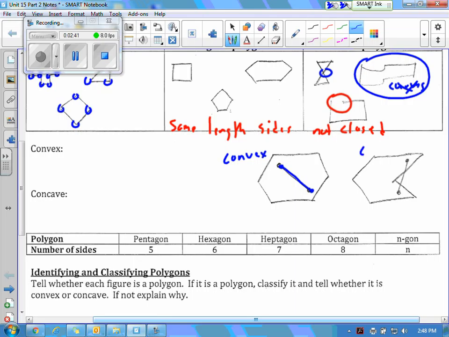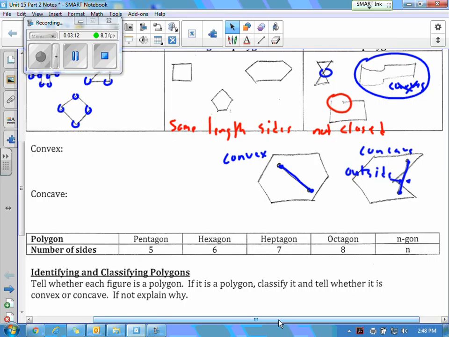The second one is concave, because if you look, we have two points, and to connect them, we go from inside the polygon, to outside, to inside. This part that's outside the polygon is what makes it concave. There's no way you can read that. The fact that the line goes outside of the polygon is what makes it concave instead of convex. I'll let you write down a definition if you want to.